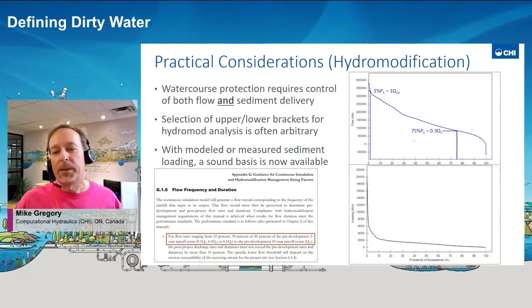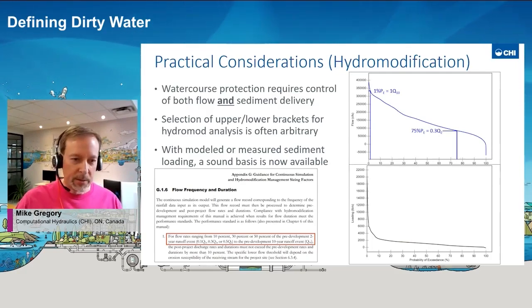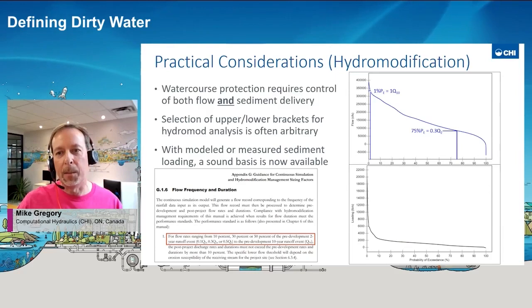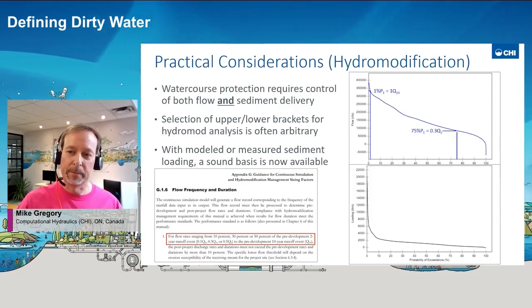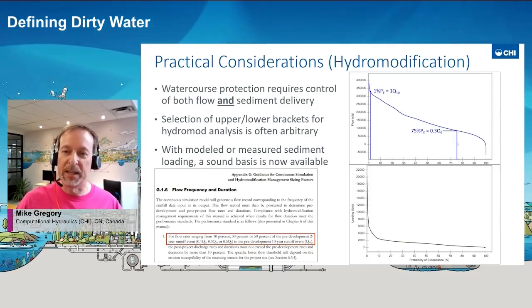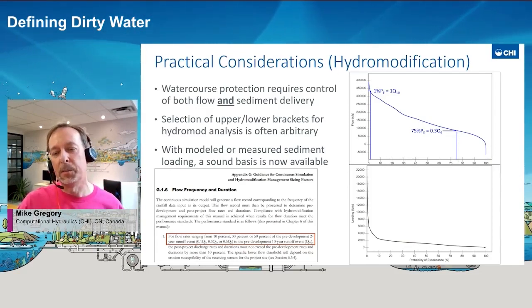Here, the 0.3, so these are right out of the regulations, is the value there, and then the 10-year return period flow is the upper bound. 30% of the 2-year flow happens to correspond to the 25 percentile, or the 75 percent probability of exceedance.